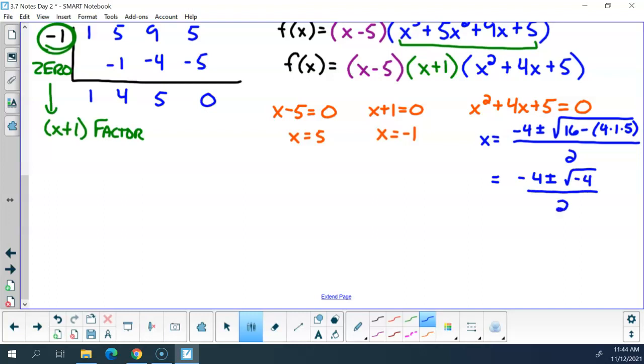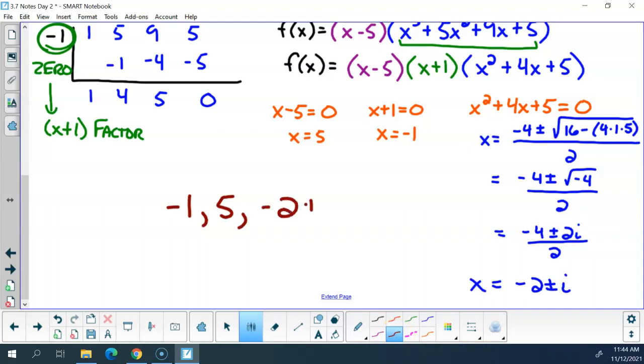The square root of negative 4 is plus or minus 2i. So our answers are negative 1, 5, and negative 2, plus or minus.